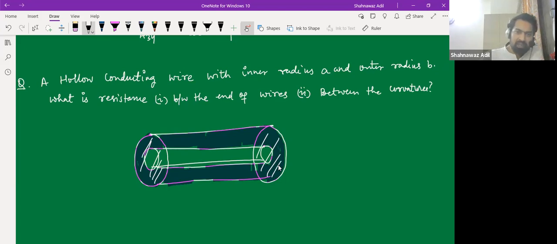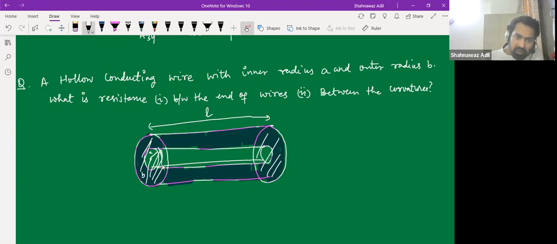At the end of the wire, let's say this length is L, and let's say this is A, and this one is B. So inner radius is A, outer radius is B, right?